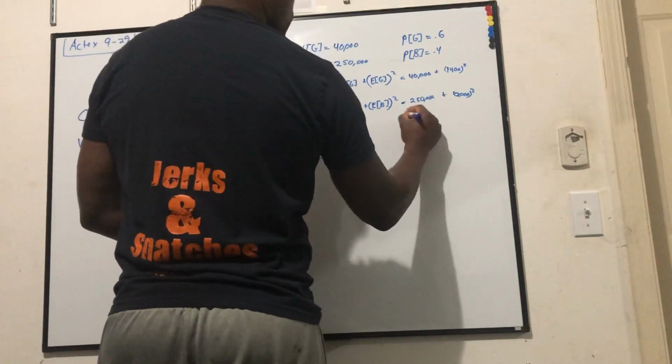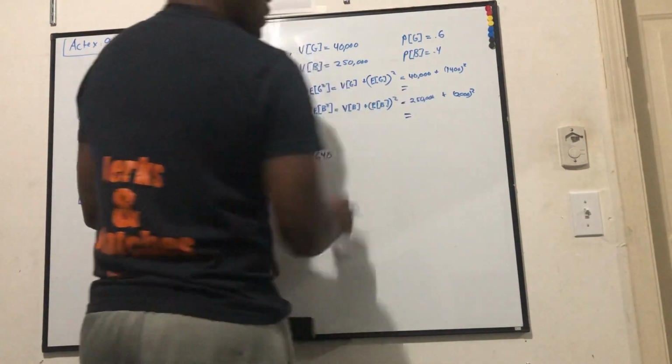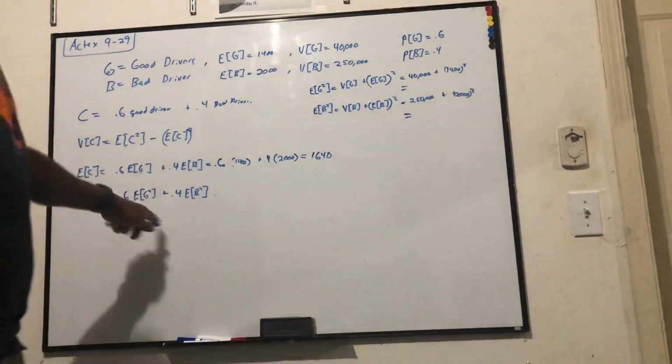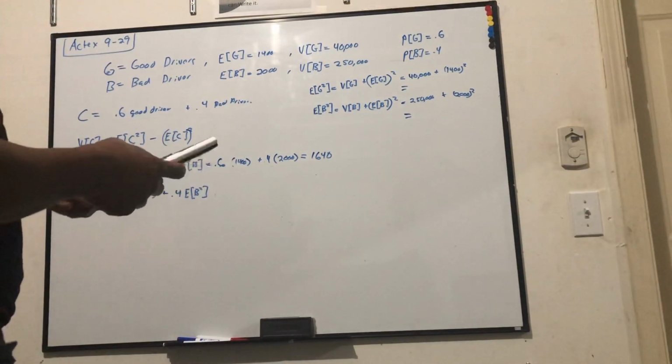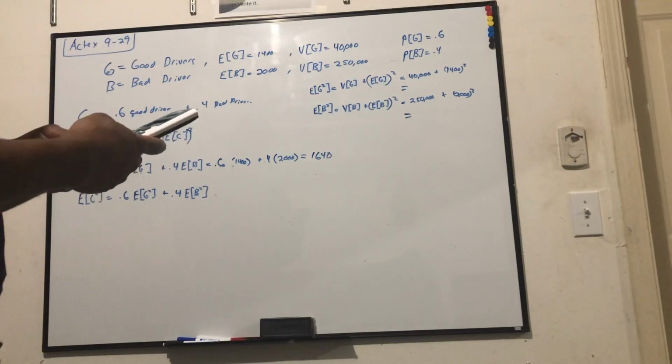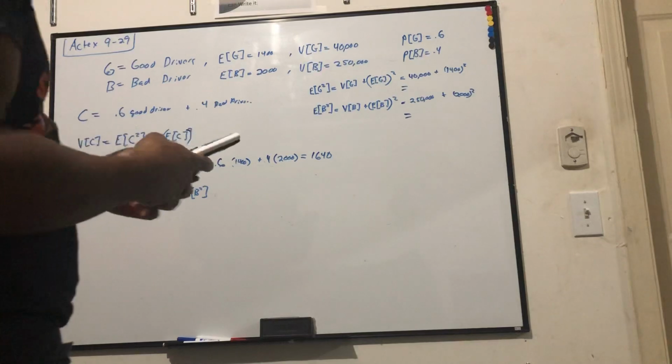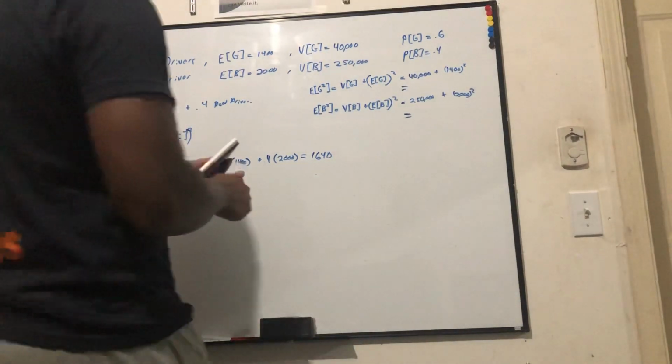All right, so let's find our second moments. We need those second moments to throw into the weights. So let's do 40,000 plus 1,400 squared. Okay, I've got 2 million.